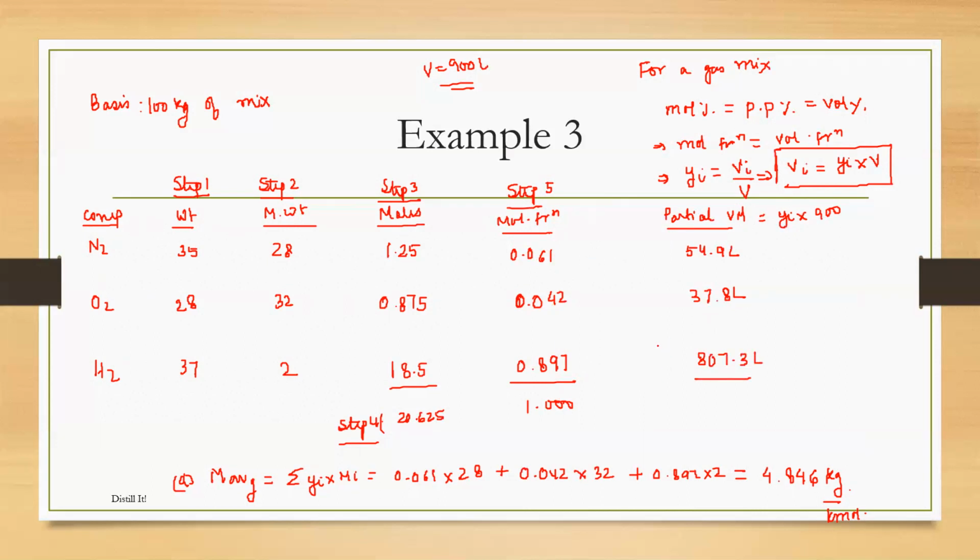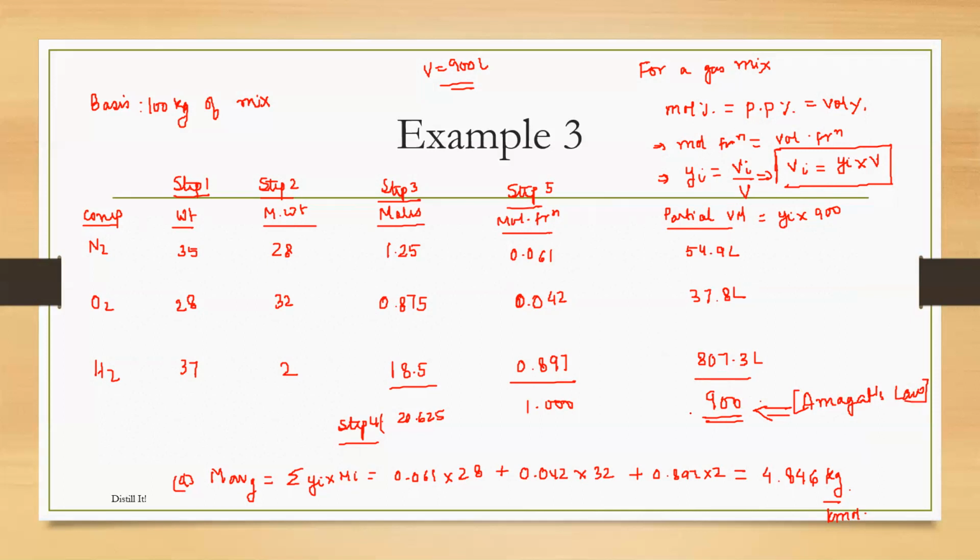Once again, add all these and see if you are getting the total volume. When we add all these, we'll get the total volume. Hence, from here, we can also verify Amagat's law of additive volumes.